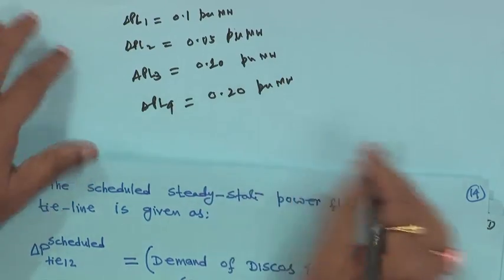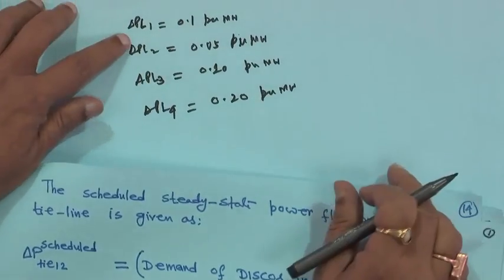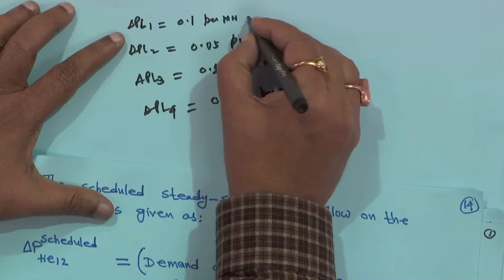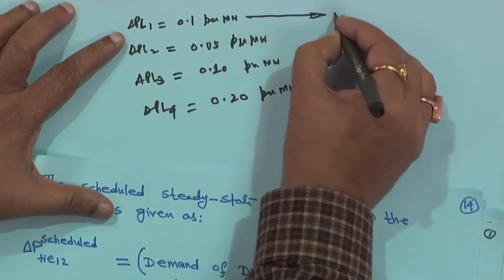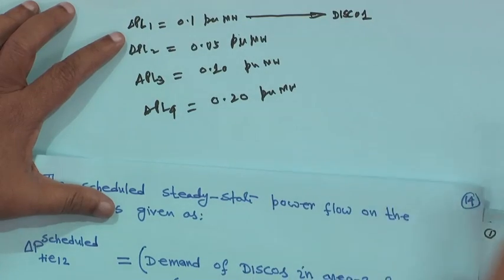That means this delta PL1 is the total power demand needed by DISCO 1, the distribution company 1, right.